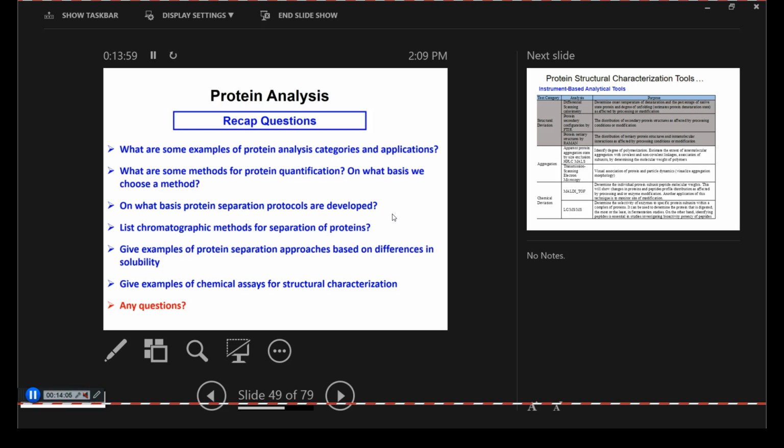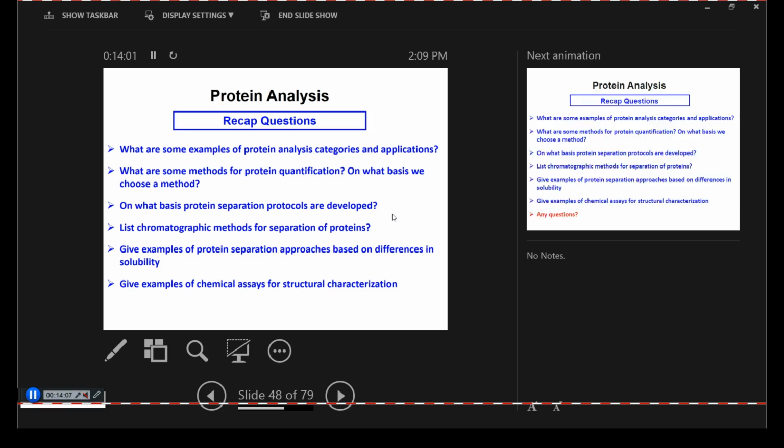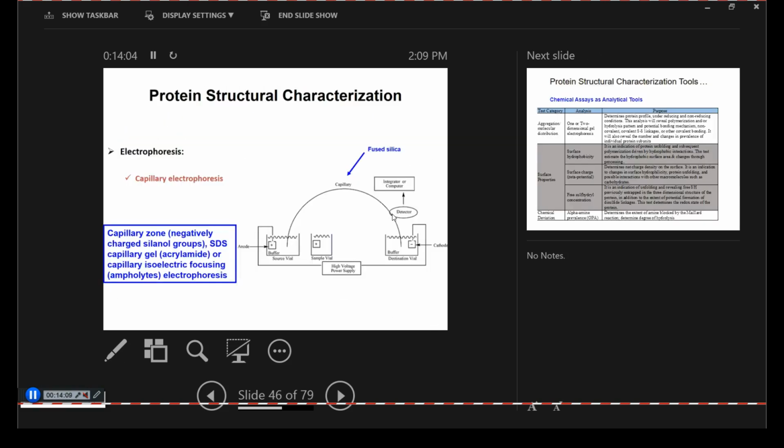Okay, so really I went over it very briefly because in this class we really don't spend a lot of time talking about principle and methodology, but if you go to the food analysis book, you can read about it more. It's based on the principle of gel electrophoresis in terms of separation of the protein.